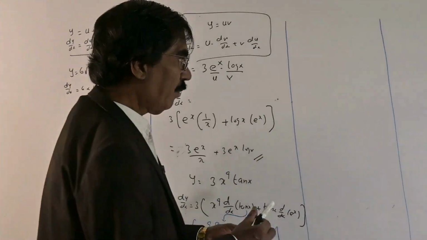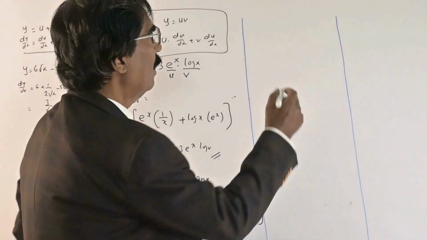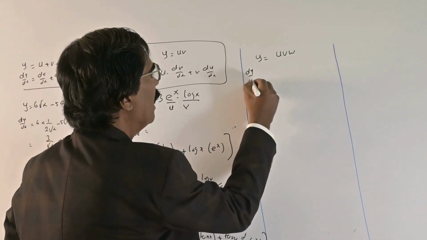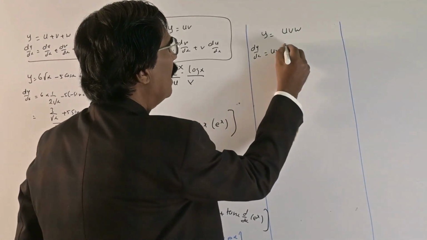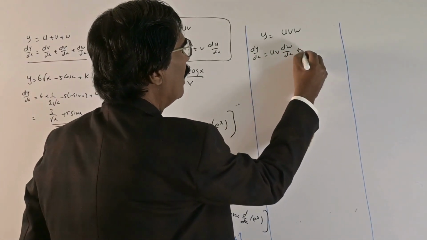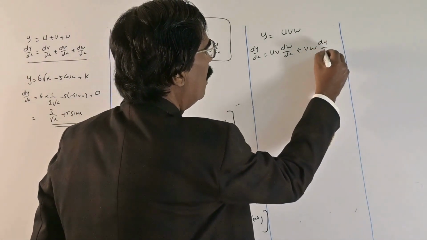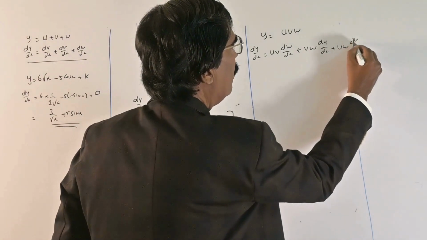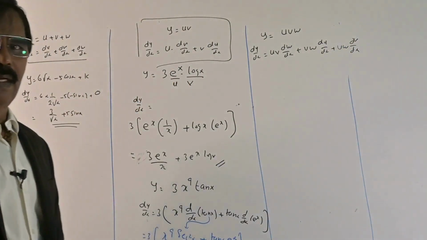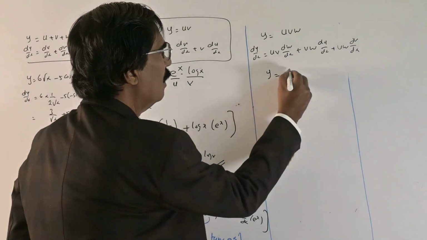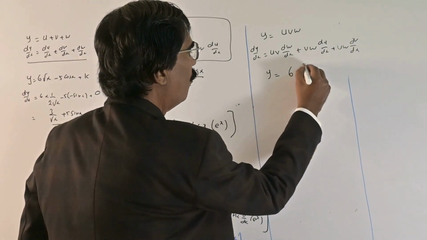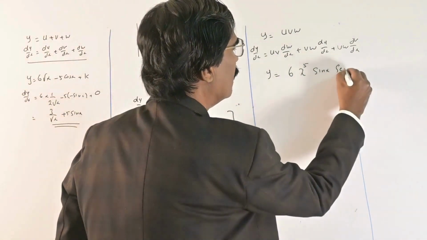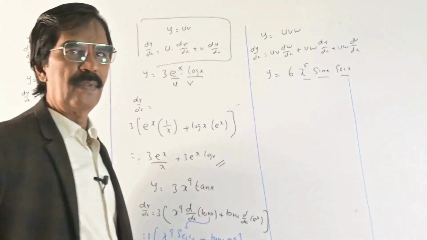Now look here. The product of three functions, right? Say y is equal to u v w. dy by dx: u v as it is, w to be differentiated; v w as it is, u to be differentiated; u w as it is, v has to be differentiated. Now listen, y is equal to 6 x to the power of 5 sin x, and you say some secant x: u v w, three functions.